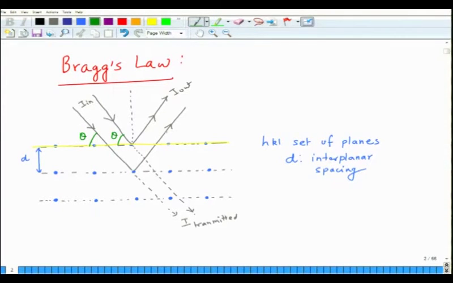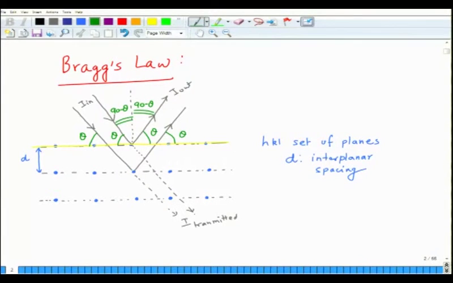This is also theta, and this is also theta, and this angle will be 90 minus theta, and this is also 90 minus theta. So, in some sense it looks as if it is a reflection, okay, but it is not reflection, because reflection can occur at any angle, whereas this does not happen at any angle.